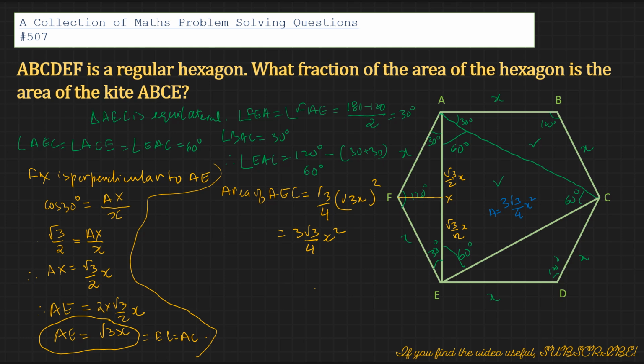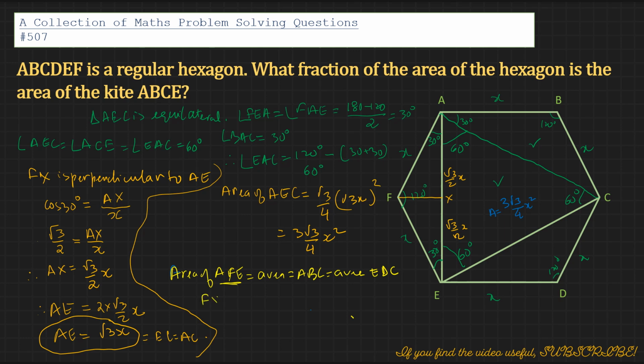So we find the area of the triangle AFE, and to find it, we have to find the height, FX.